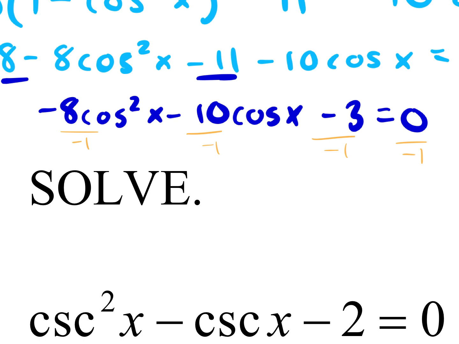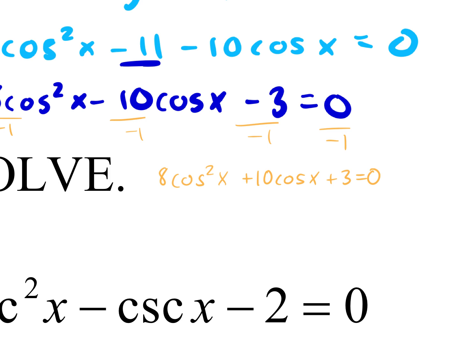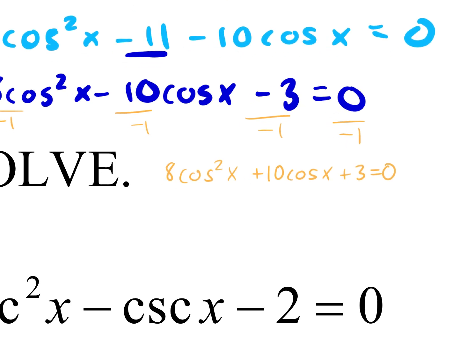Because you want to make sure whatever you FOIL, you end up getting this back out. But it just is very helpful. Just divide everything by the -1 and get rid of it. So I have 8 cosine squared plus 10 cosine plus 3 is equal to 0. Now again, if you didn't do that, you just have to be careful. You'll end up with the same answer if you do it right, but it's just going to be a little bit more work in the middle.